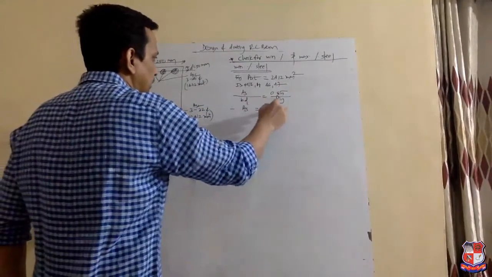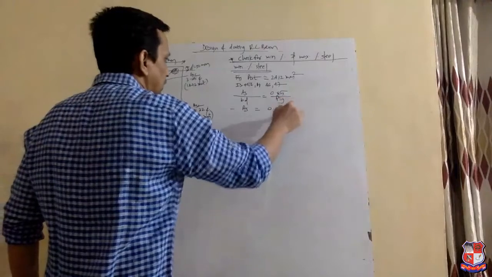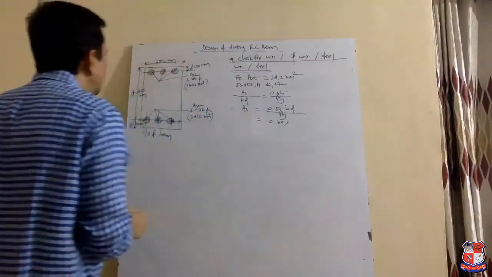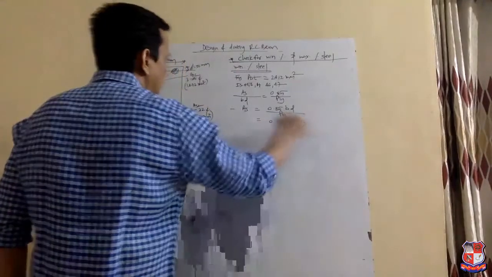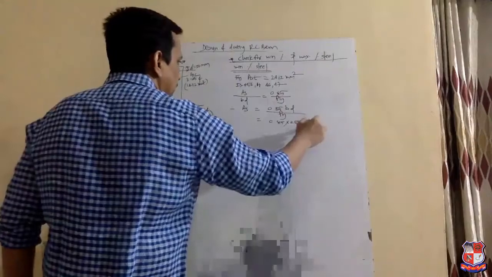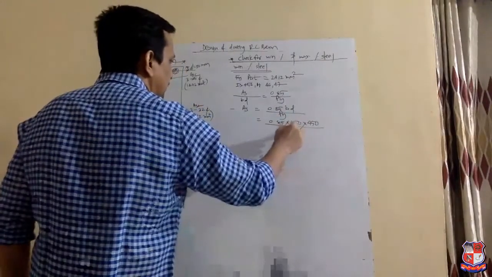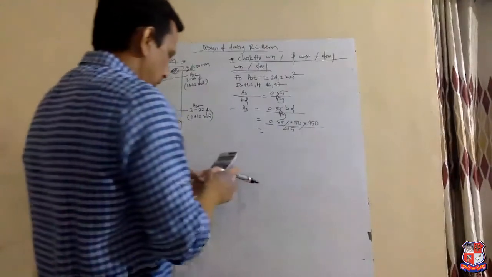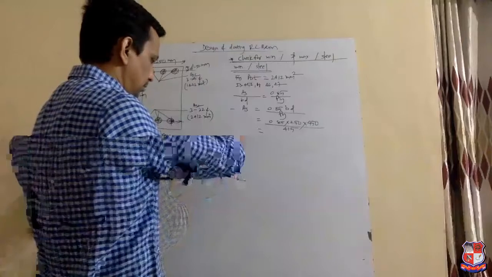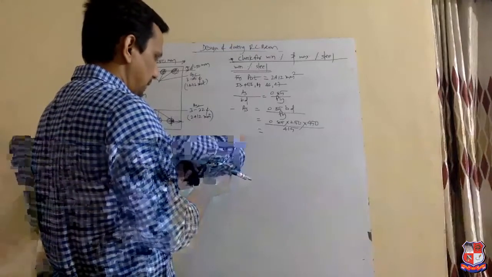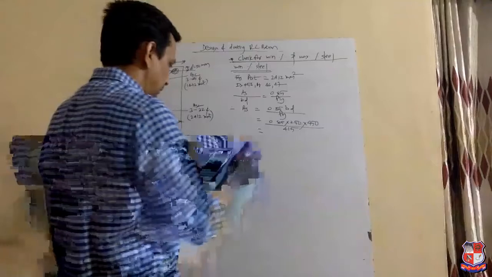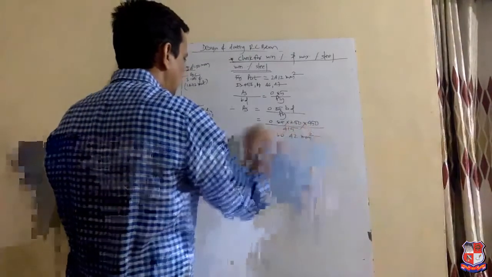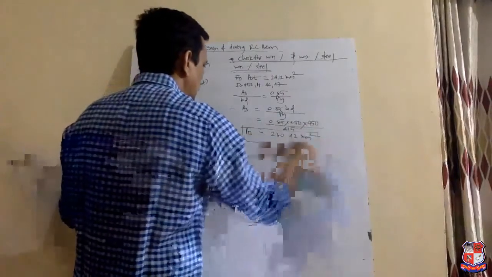So AS equals 0.85 BD upon Fy. 0.85, the width of the beam is 250 mm, the effective depth is 450 mm and Fy is 415. 0.85 into 250 into 450 divided by 415 is 230.42 mm square. So what does this mean?